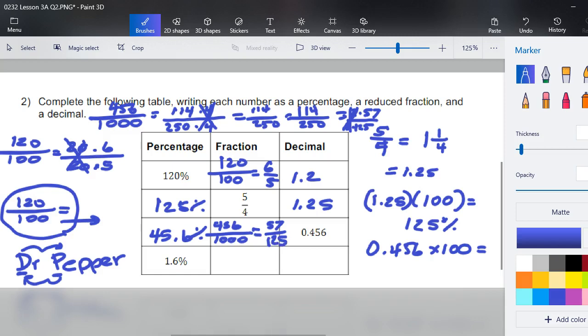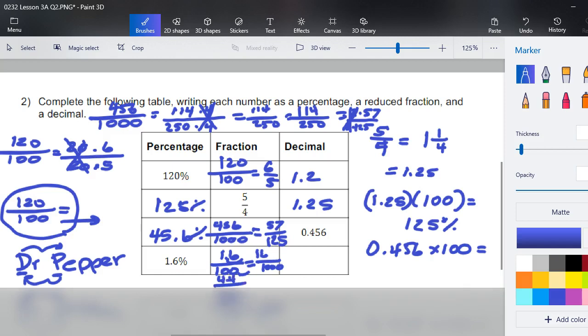Let's finish up on our chart. We have percentage to decimal. From percentage to fraction, we're going to have 1 6/10 per 100. We have a decimal to deal with, and one way to do that is if I multiply by 10 here, I have to multiply by 10 there, and I get 16 over 1,000. I'm going to go ahead and take out a 4.